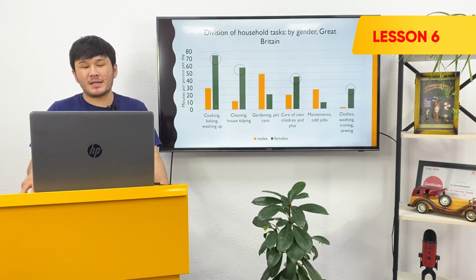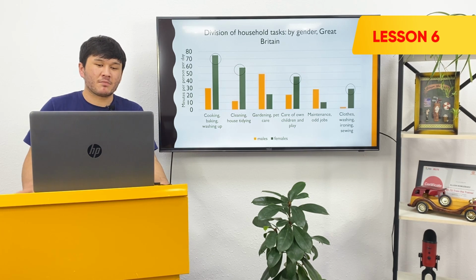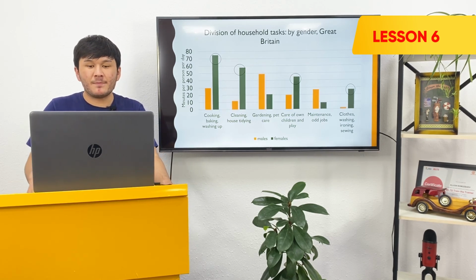Women dominating. Women spending more time on this type of household tasks, and then cleaning and house tidying the same, then gardening and pet. But there are now differences. So men are spending more time there. Then care of own children and play, again women.